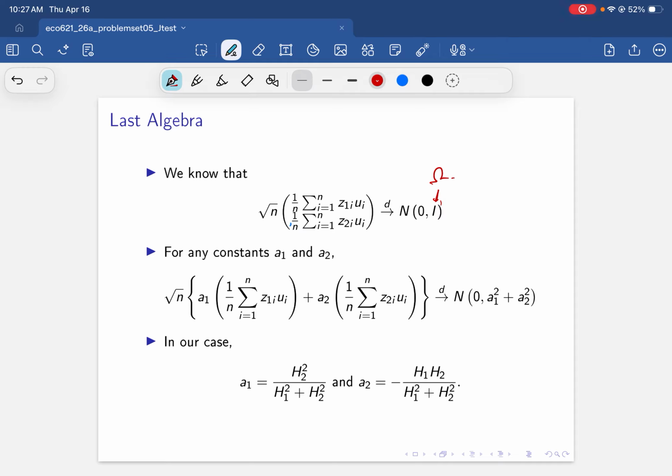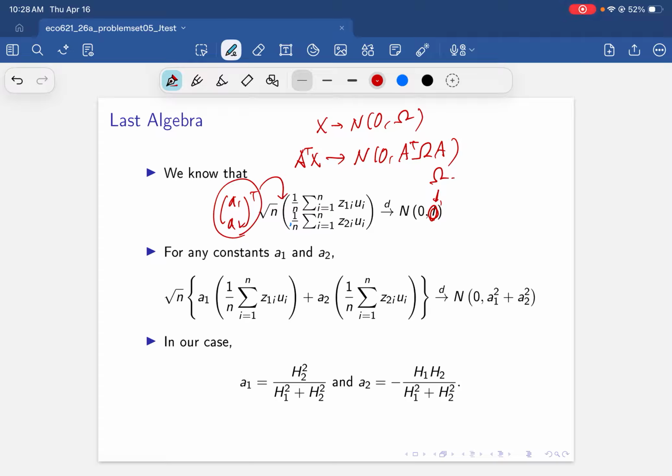Originally you would have omega here, but we assumed that it equals identity. If x converges to normal distribution 0, omega, and you multiply by a vector, say A transpose x, then it converges to normal distribution 0, A transpose omega A. So if you multiply A1 and A2 transpose in here, then you will get this form.